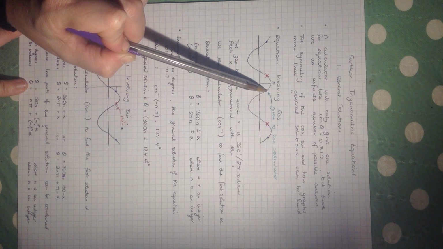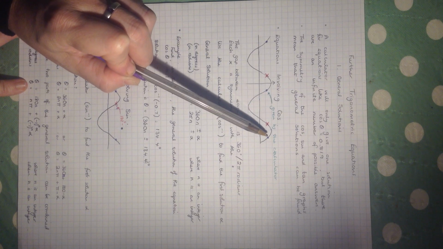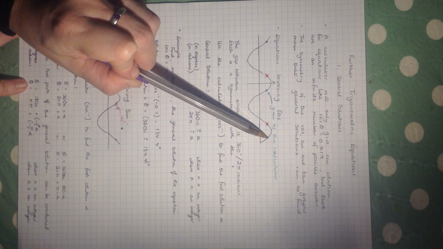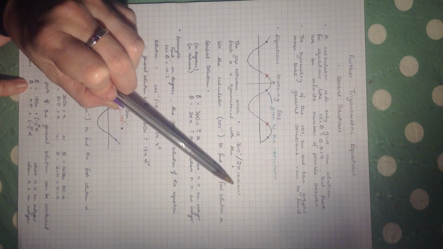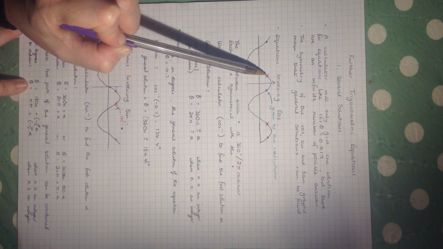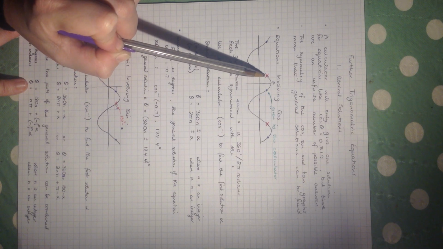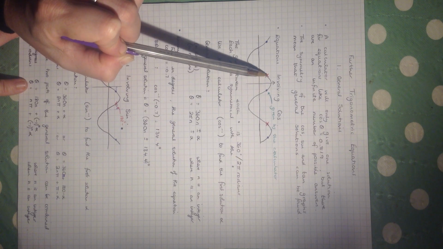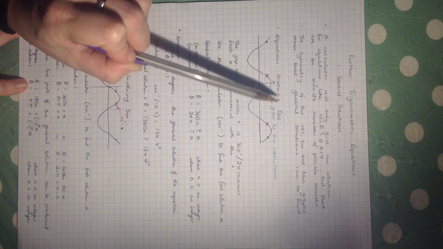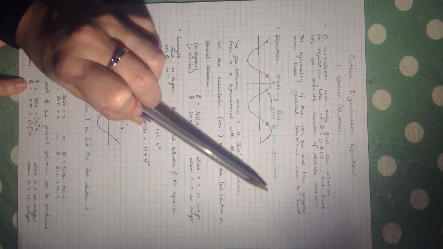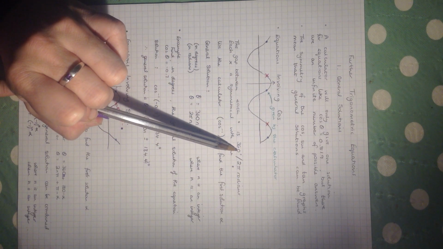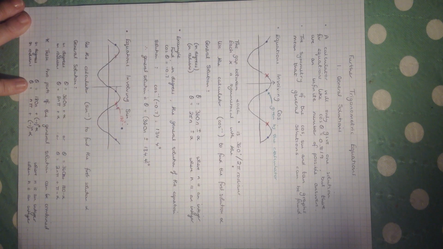So we've got a solution plus any number of multiples of 360, or if we're in radians, 2 pi radians. We've also got this solution, and this solution will be the negative of that solution, and then that one is also plus any multiple of 360 degrees or 2 pi radians.